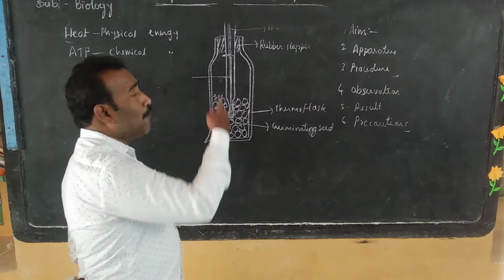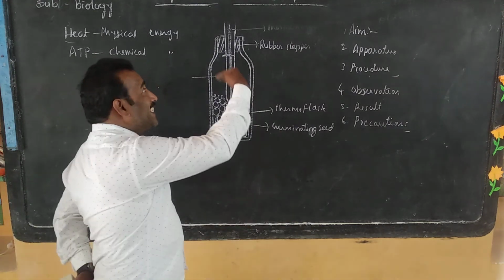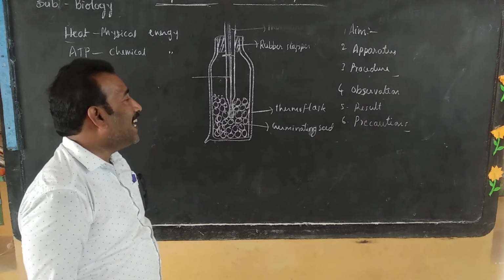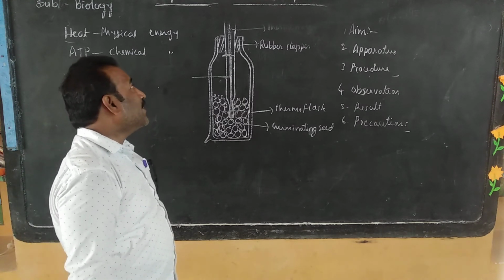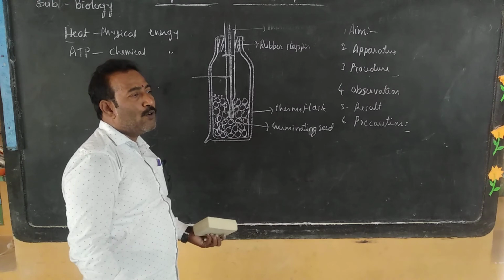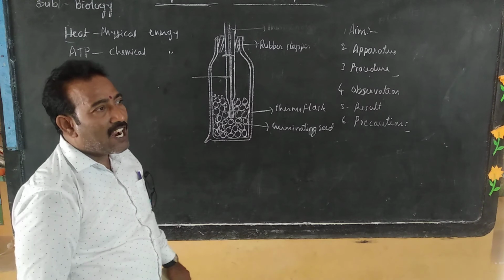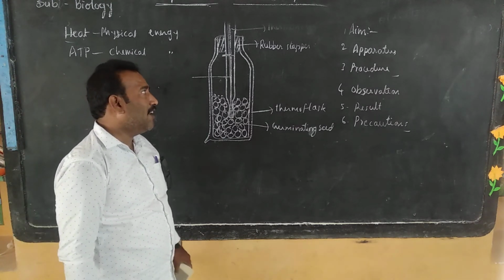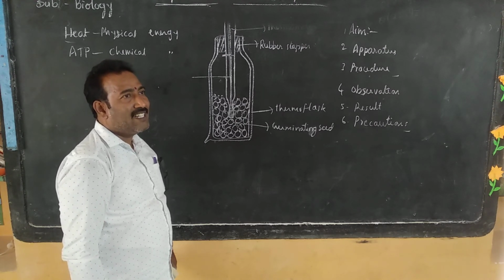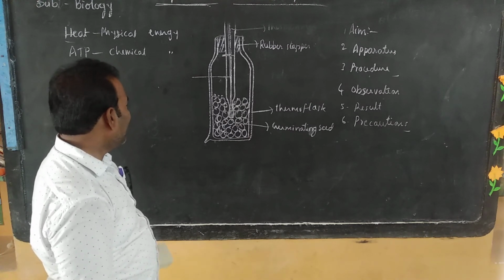Or we can give the definition also: the process in which carbohydrates are formed from carbon dioxide and water in the presence of sunlight with the help of chloroplast is called photosynthesis.